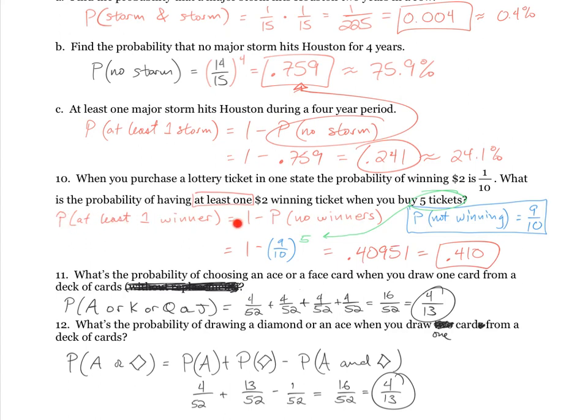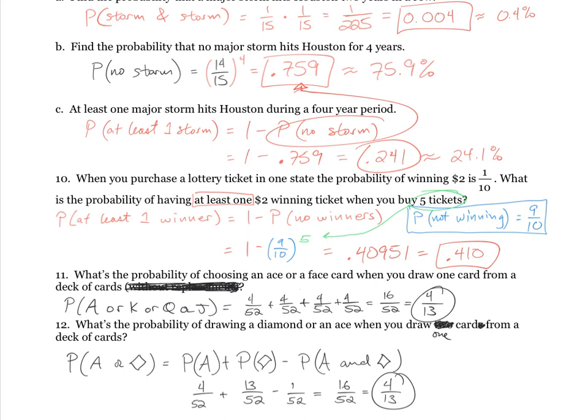At least one winner equals 1 minus the probability of no winners. And the probability of not winning here is 9 outcomes out of 10, just as the probability of winning is 1 outcome out of 10 total outcomes. So if you add these together, the 1 outcome where it is a winner and the 9 where it is not would give you the 10 total outcomes.